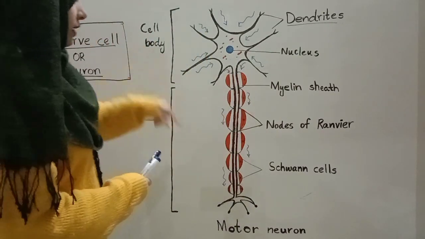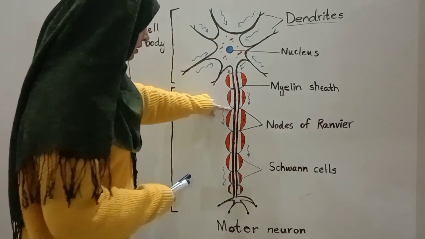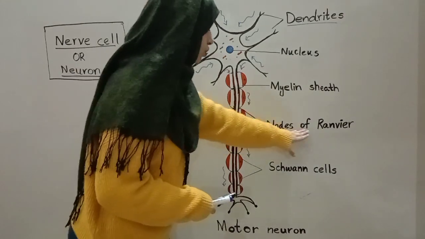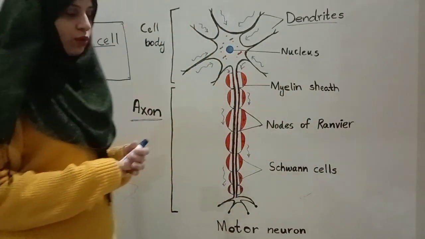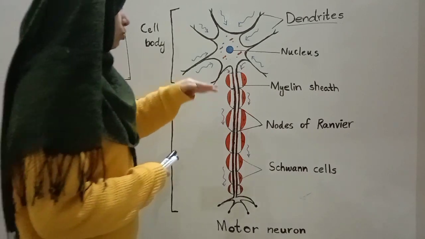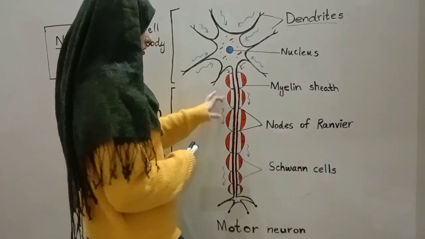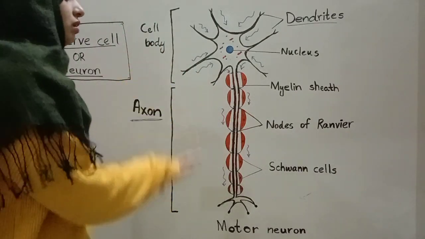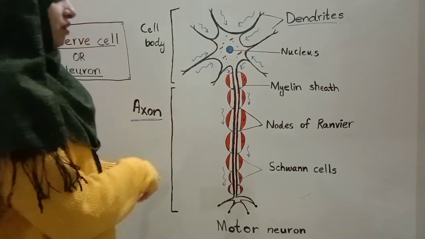There are points just like this. These points are called nodes of Ranvier. There exists no myelin sheath there, so these are not the insulating part of the neuron, and they can conduct nerve impulses.